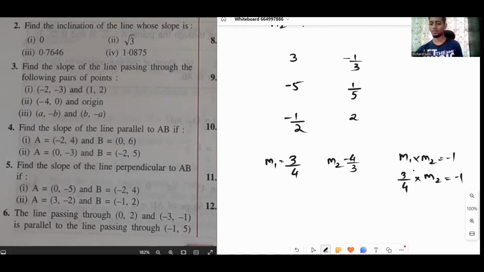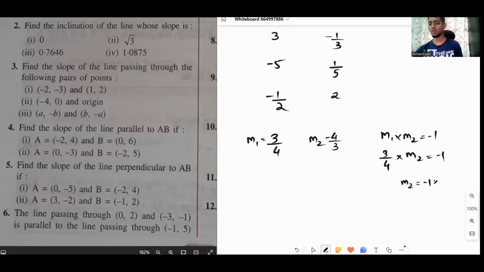Take 3 upon 4 to the other side. What will happen? Minus 1 into 4 upon 3, since 4 will go up, 3 will go down. So M2 is minus 4 upon 3. Which is easier? Yeah, this is easier. You just have to reciprocal and change the sign. Too difficult? No. Okay.